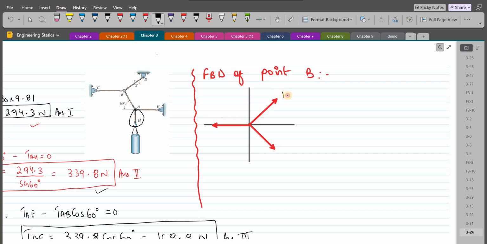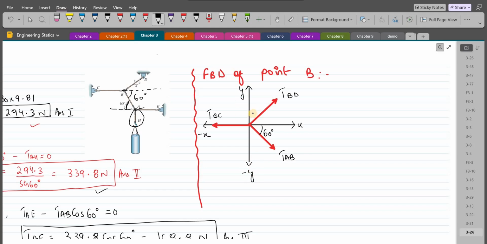So this right here is TBD, this is TAB, and this is TBC. If this angle is 60 degrees, it means if I draw a horizontal here, that angle also has to be 60 degrees because they are alternate angles, so they are equal. So this angle is 60 degrees. This is the x-axis, that is the negative x-axis. This is the positive y-axis and that's the negative y-axis.